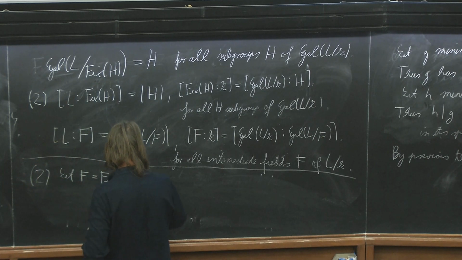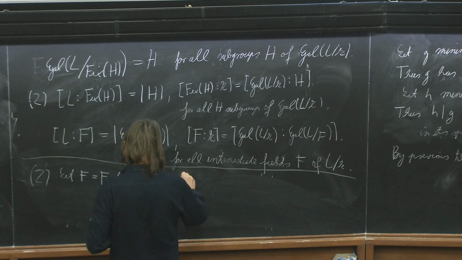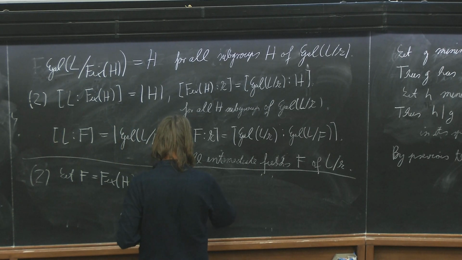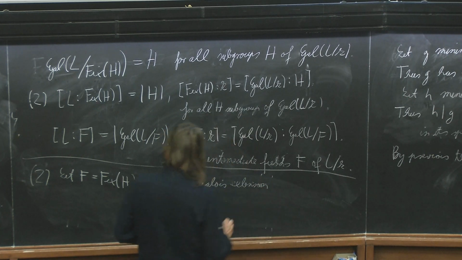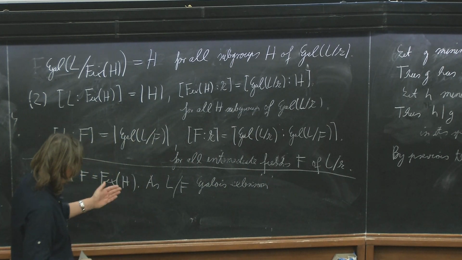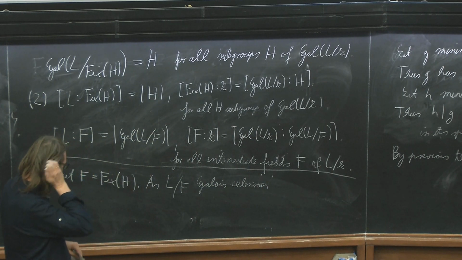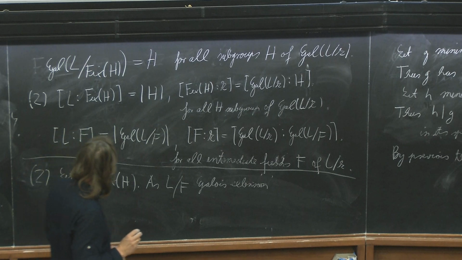So as L over F is a Galois extension, we have that the degree of the field extension is equal to the number of elements in the Galois group.